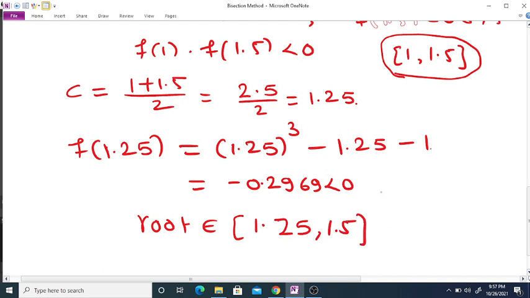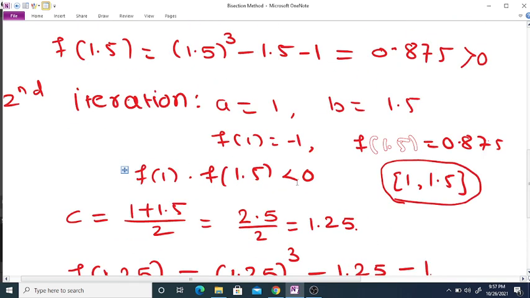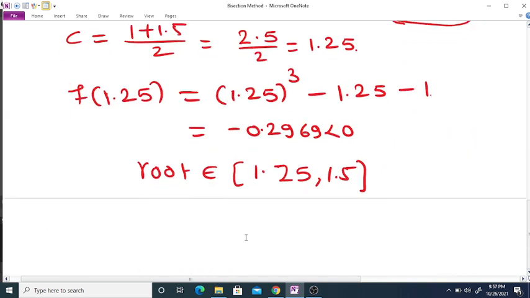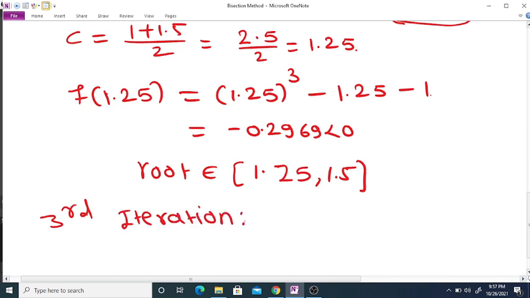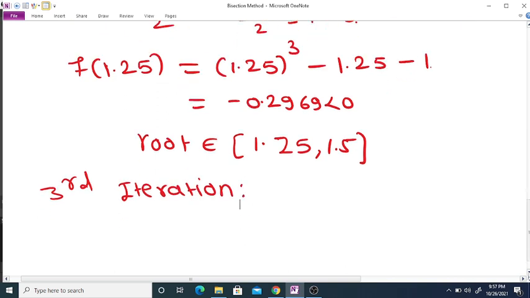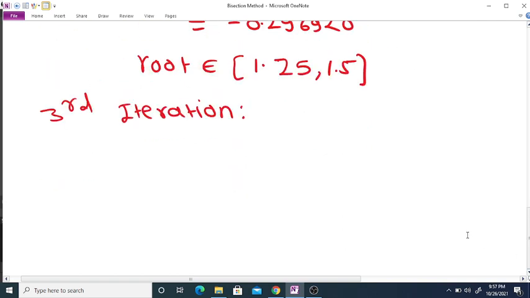Since f of 1.25 is less than 0 and f of 1.5 is greater than 0, therefore the root lies between 1.25 and 1.5. Now in the third iteration we assume a is equal to 1.25, and b is equal to 1.5.